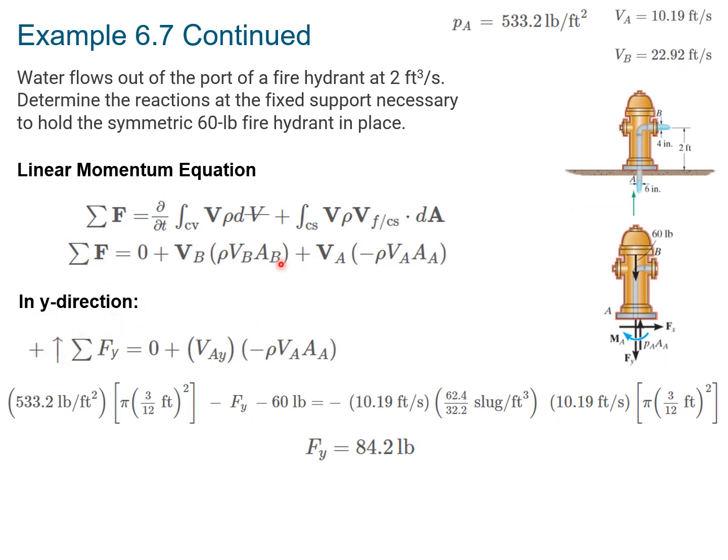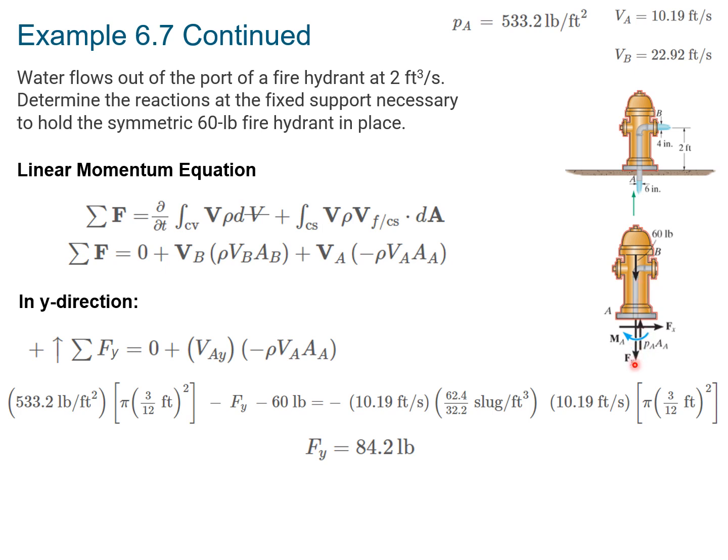So we can repeat our calculation in the y direction. Looking at this equation, on the left-hand side, what forces do we have? Well, we have the force F_y, which we are saying is downward here. We also have the weight of the fire hydrant itself, which we're told is 60 pounds. We also have the pressure that's pushing up on it.